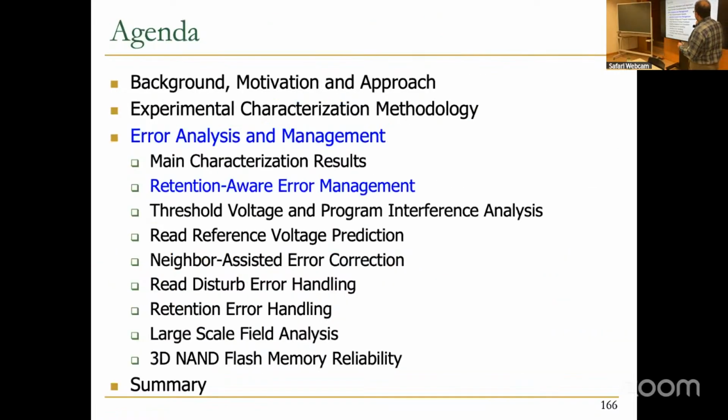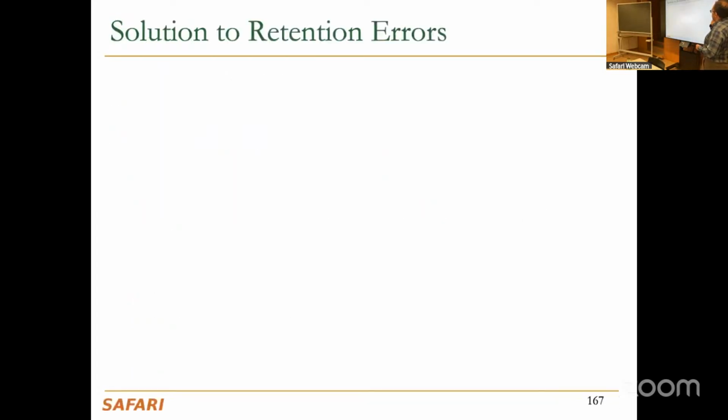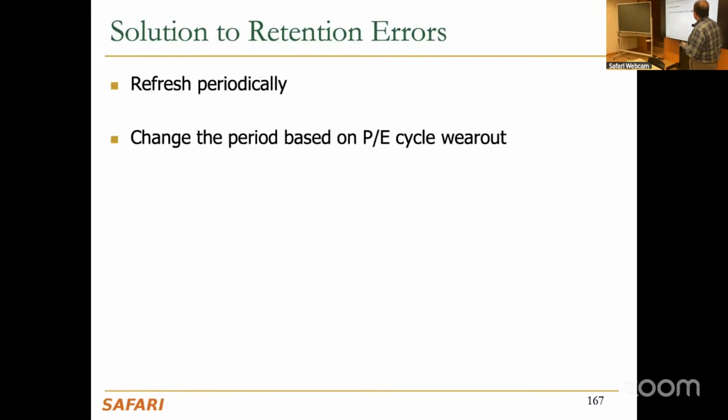But now I want to see how we can do some management based on this understanding. So the solution to retention errors is we can refresh periodically, as we also do in DRAM. Hopefully, we don't need to do it as frequently as in DRAM, but if you want to avoid retention errors, you can refresh.